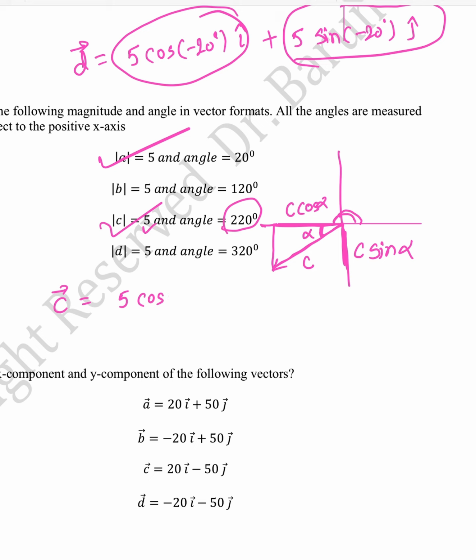The cosine, and my alpha in this case is 40 degrees, and I hope you are following me. Because this is 180 degrees, this angle will be 40 degrees. If I use this angle, I will still get the answer. Now let me do this one, and then I'll explain. 5 sine 40 degrees, because this component will be 40 degrees.